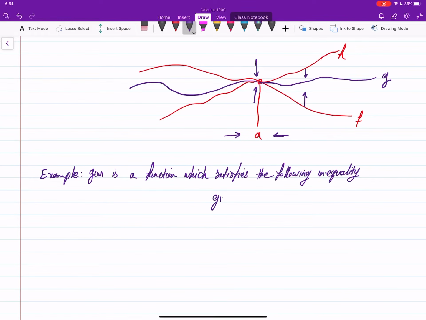Let me just write it. x cubed minus 6x squared plus 12x minus 5 is less than g of x, and g of x is less than x squared minus 4x plus 7, for all x's near 2.